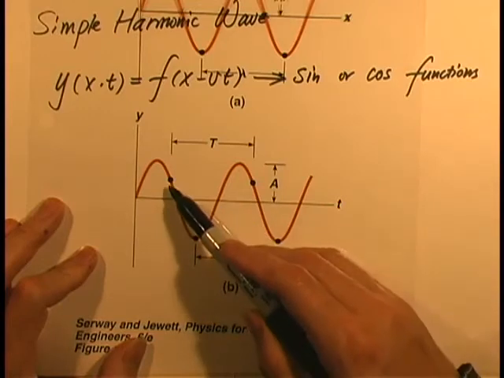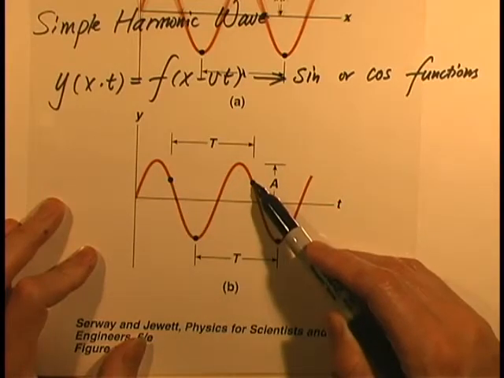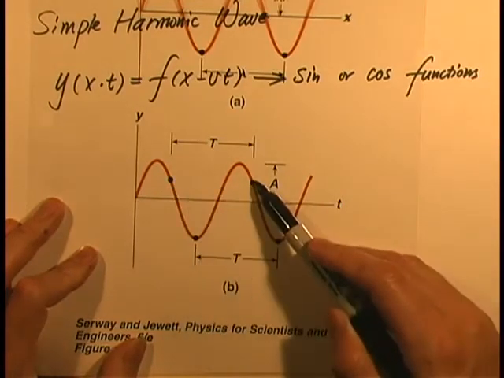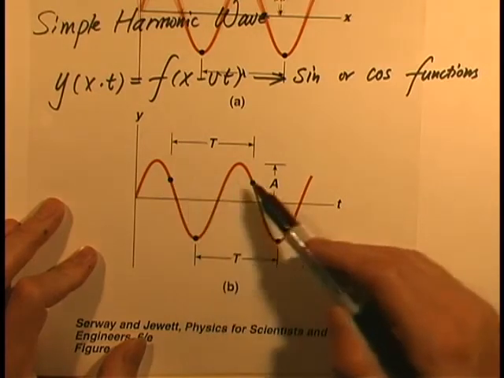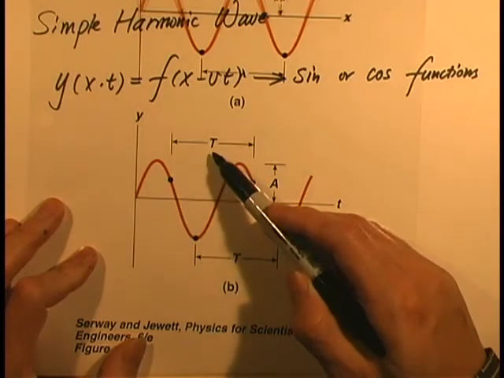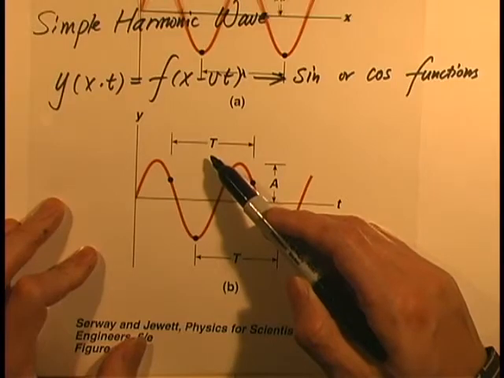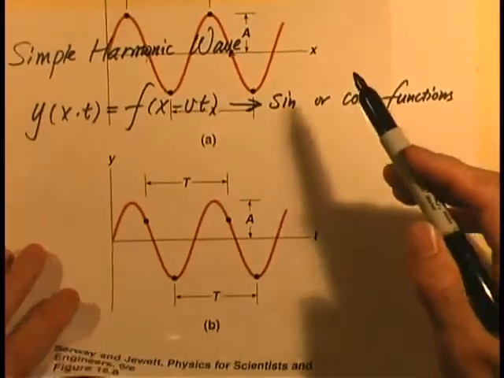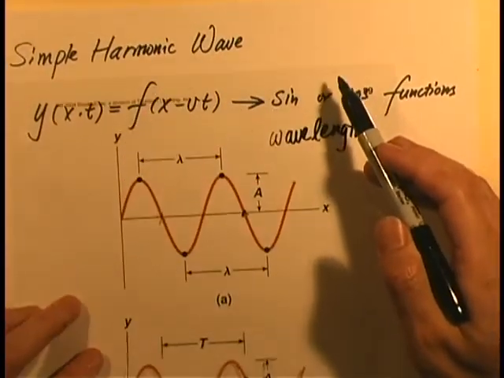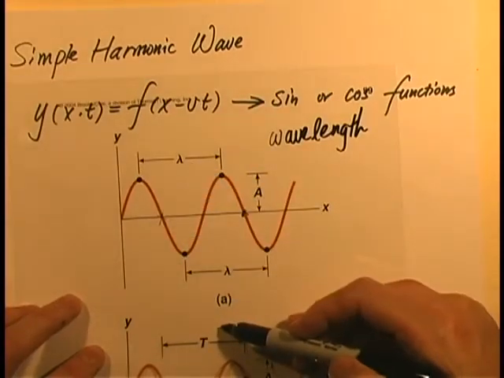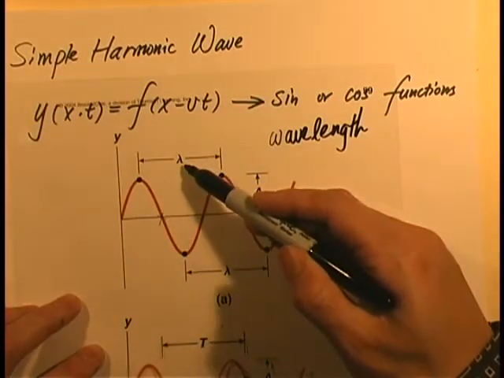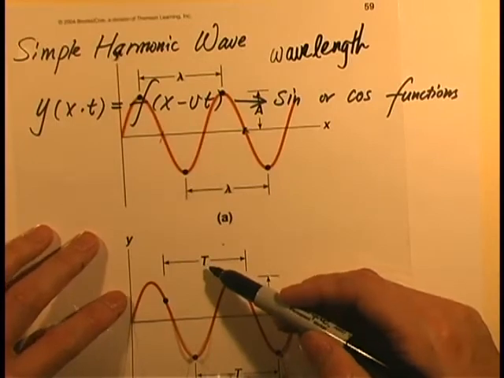Of course, these 2 points have a time difference. Over such a time difference, the motion repeats itself, so that's a period T of that simple harmonic oscillator. So what you have here is lambda and T. Lambda is the period over space and T is the period over time.